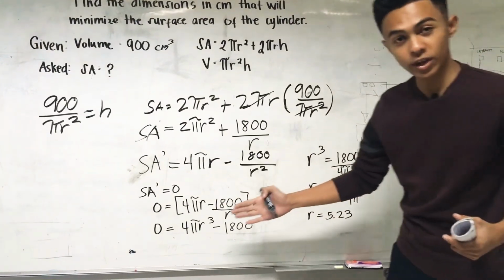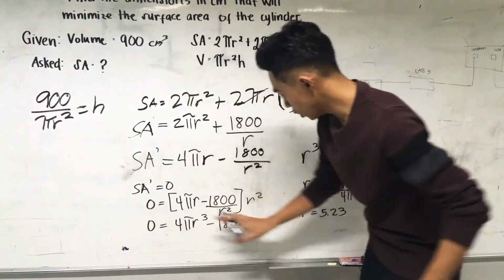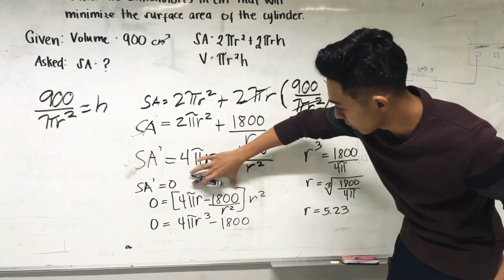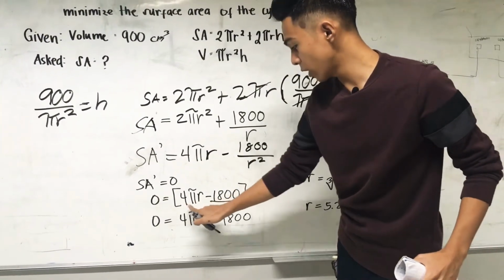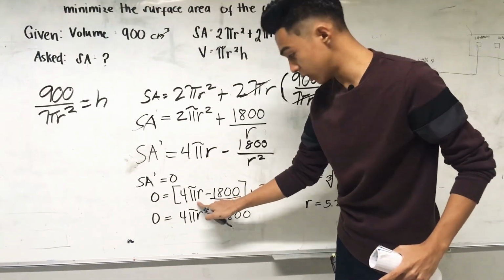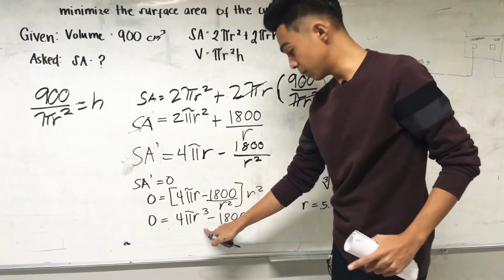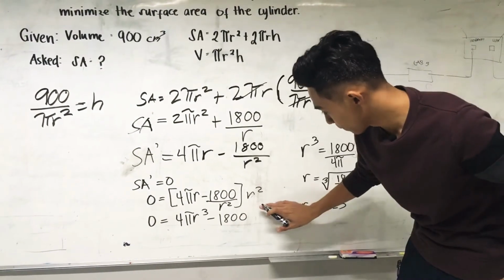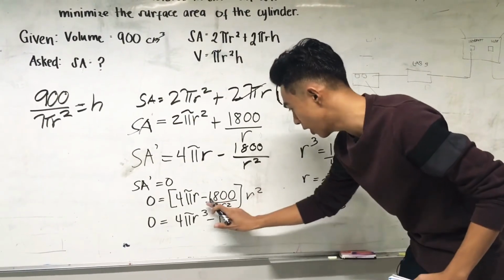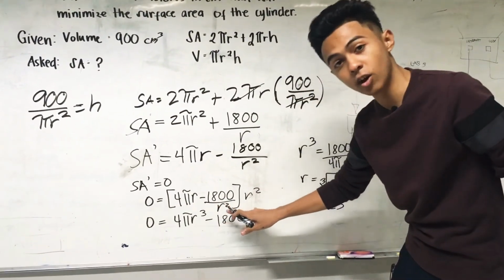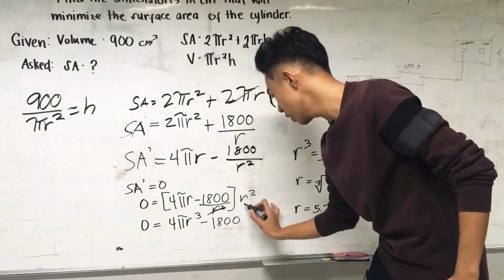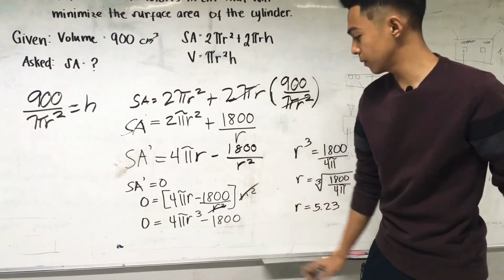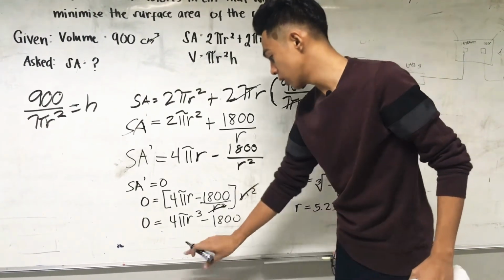Since we are looking for r, we multiply this equation by r squared. So r squared multiplied by 4 pi r is 4 pi r cubed, minus 1,800 over r squared multiplied by r squared, which is 1,800. The r squared cancels, so this is it.